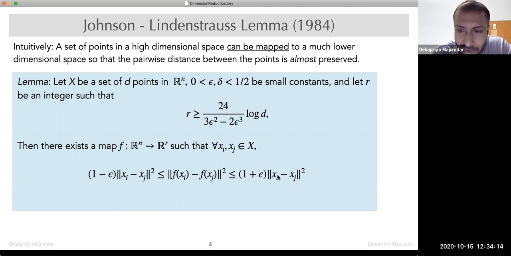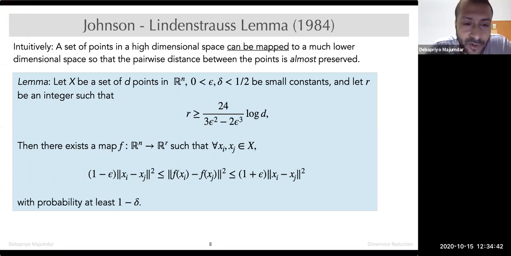Again, this is also the original distance in n dimensions. And f(xi) minus f(xj) is the distance in the reduced dimension. So the distance in the reduced dimension will be more than (1 minus epsilon) times the original distance and less than (1 plus epsilon) times the original distance, with probability at least 1 minus delta.